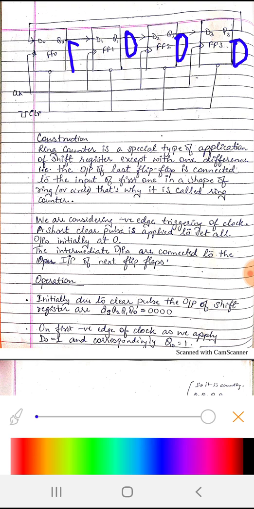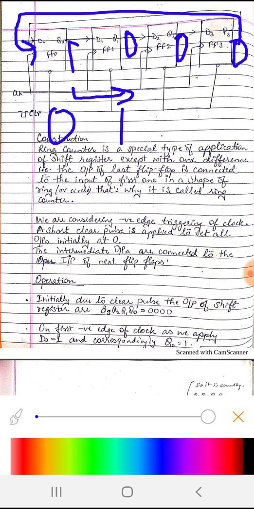Now as it is a shift register whose last output is fed to the input of the first flip-flop, at the next edge what would happen? This 1 would transition to the second flip-flop, and it will become 0 1 0 0.